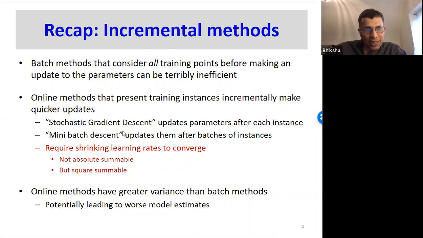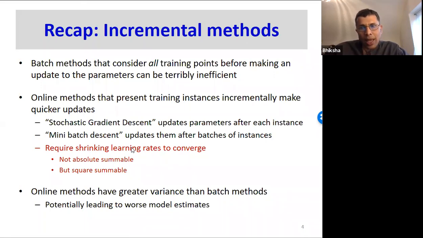Stochastic gradient descent analyzes randomly drawn individual training samples and updates the models. Minibatch descent randomly samples small batches of training data and updates the models with them.